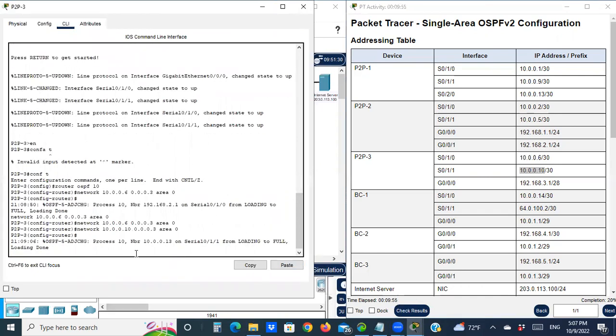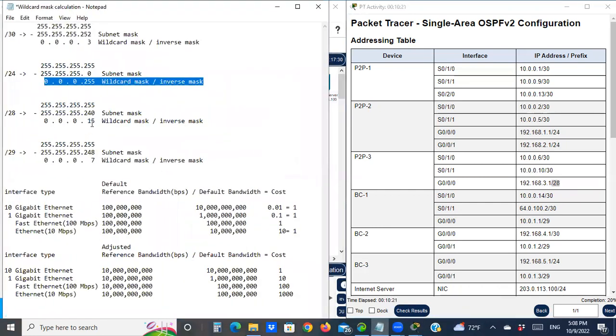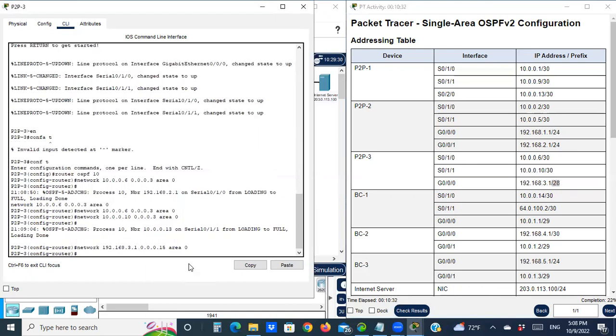The third one is this 192 network. Here's a /28. Let's take a look: /28 is an inverse mask of 0.0.0.15, area 0. So P2P3 is okay now.